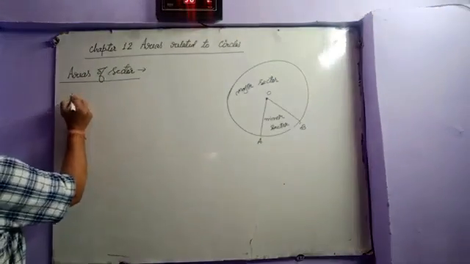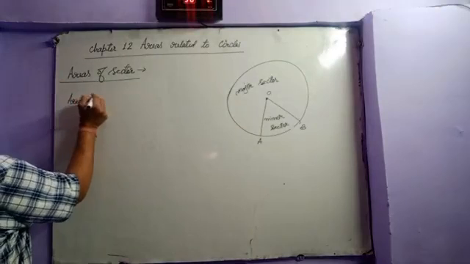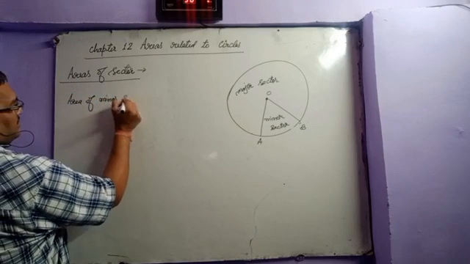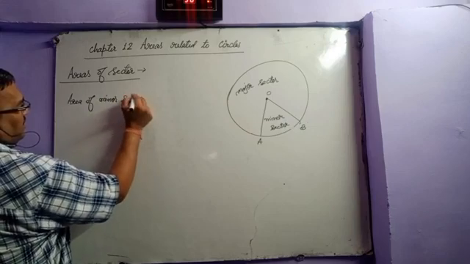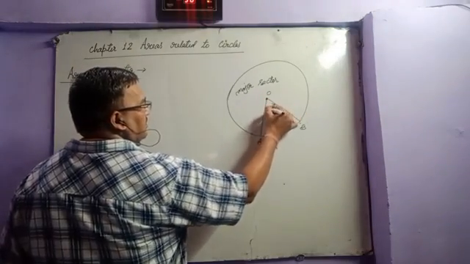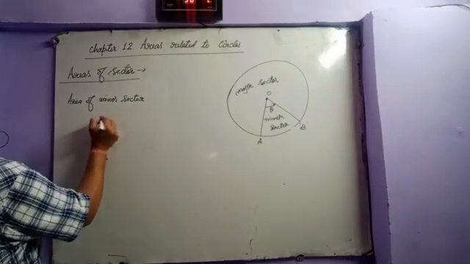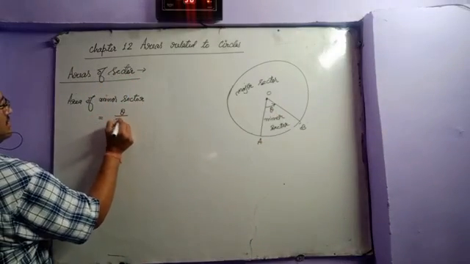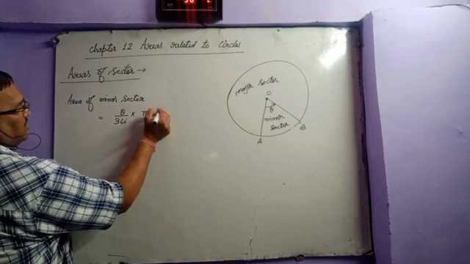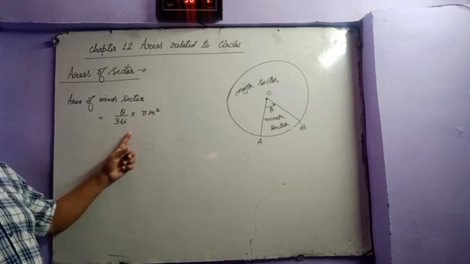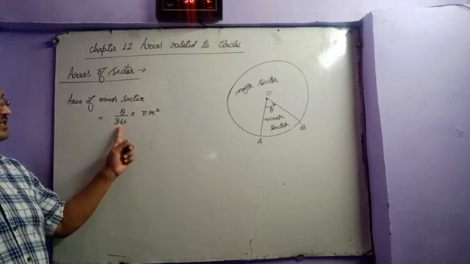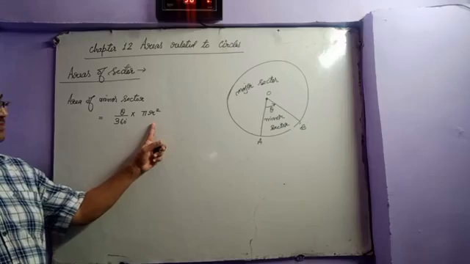So area of minor sector, we must know this angle. Suppose this angle is theta, so we can write theta by 360 into pi r square. So this is the formula for calculating the area of minor sector, theta by 360 into pi r square.